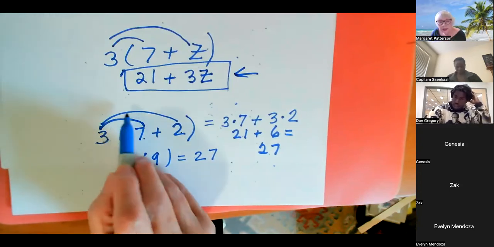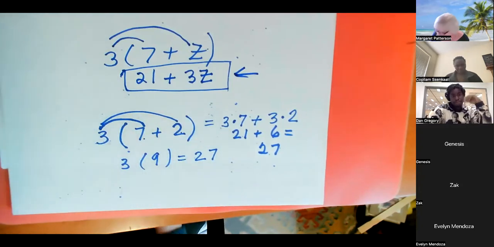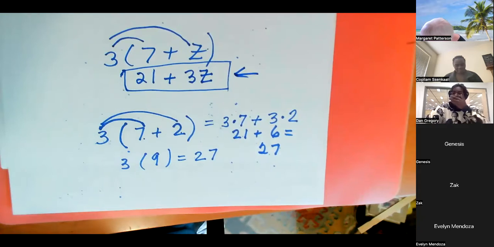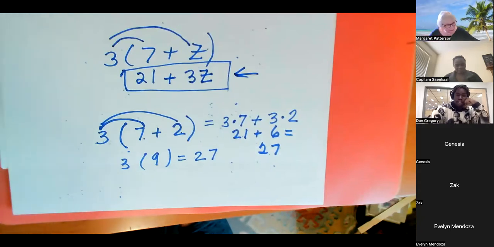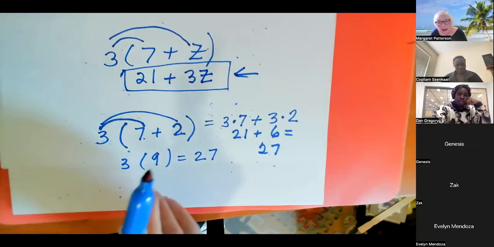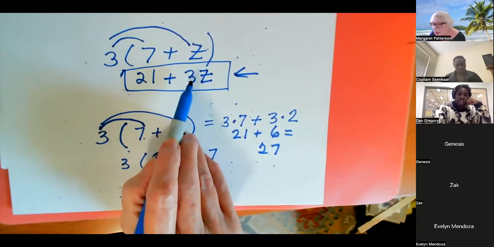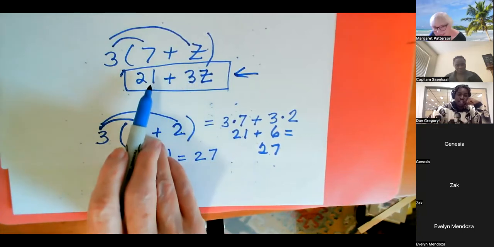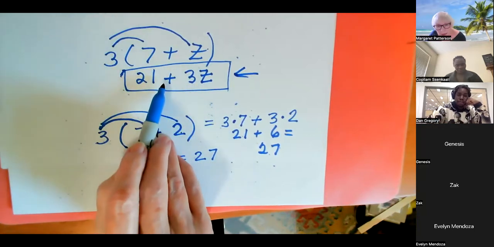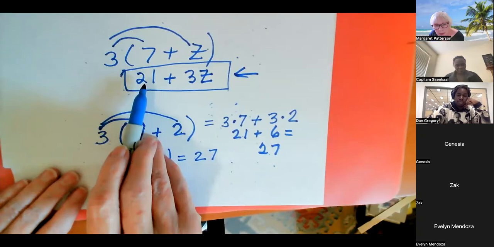Can you combine like terms when there's 21 plus 3Z? Can you put the 3 together and the 21 together? Make it 24 plus Z? No. The trouble is, we will get to this.